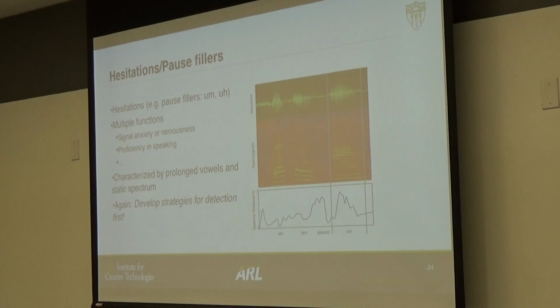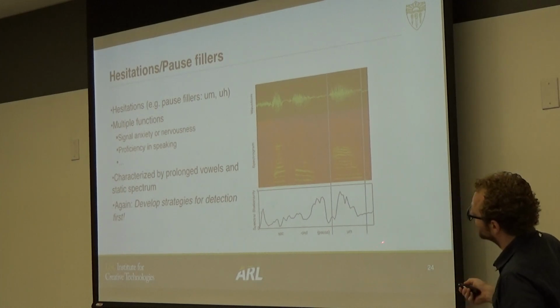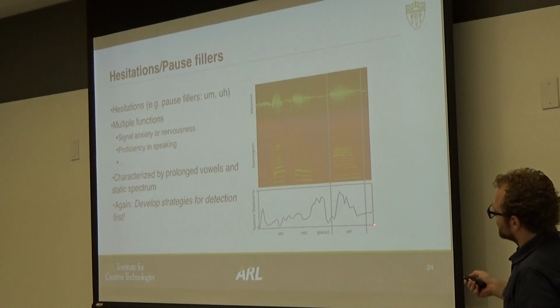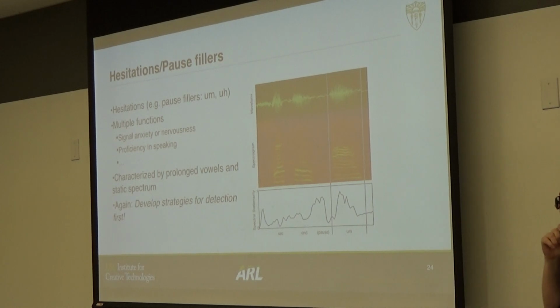So there are many ways to get at this measure. The way I measured it in this case is more or less on a frame-wise basis, subtracting the spectrogram frames from each other.